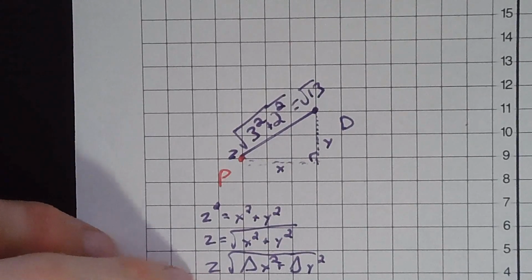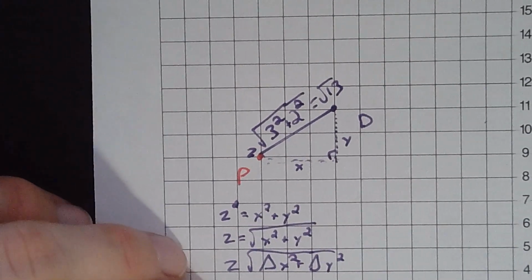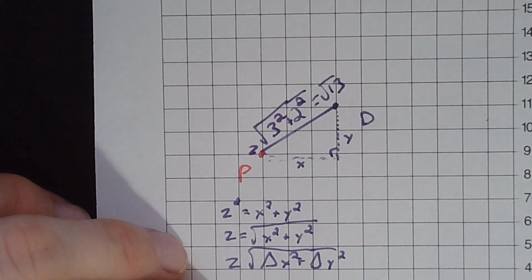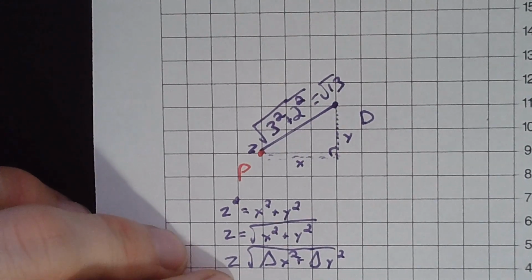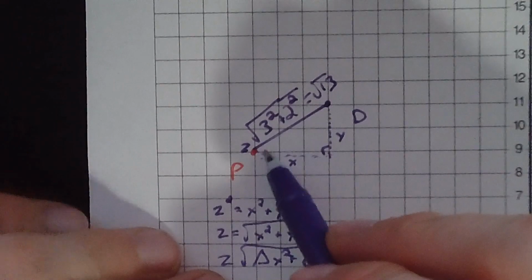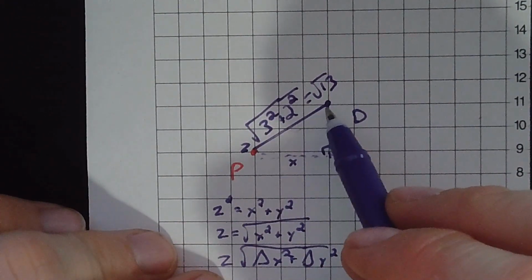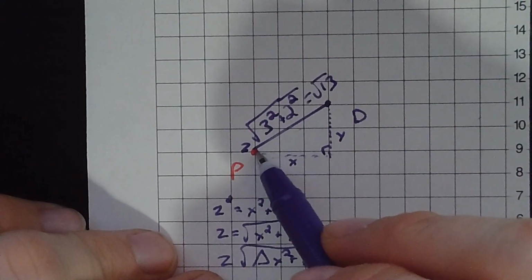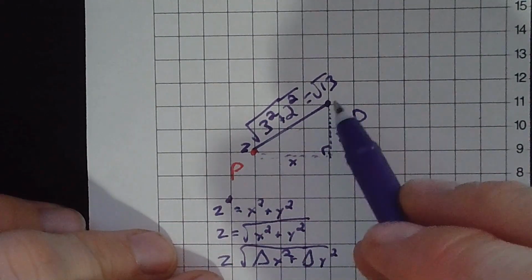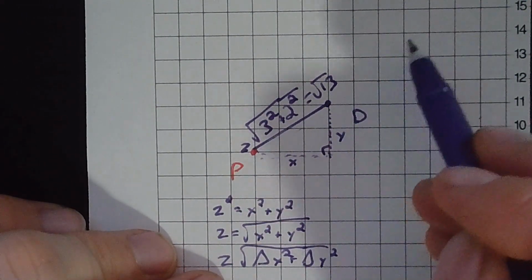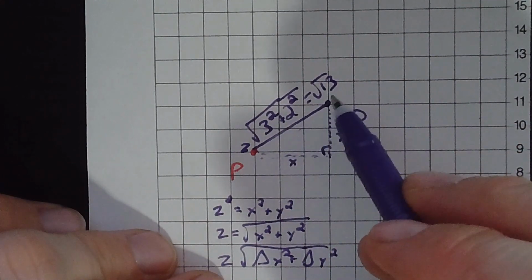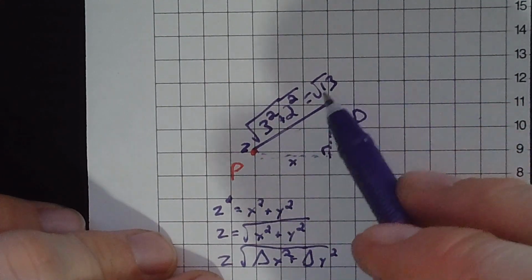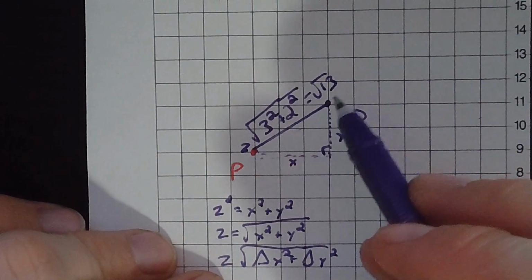All right. But now let's say that I'm going to dilate this point about point P. That means I'm going to extend this point away by some scale factor.